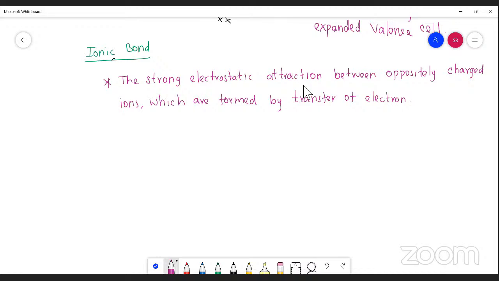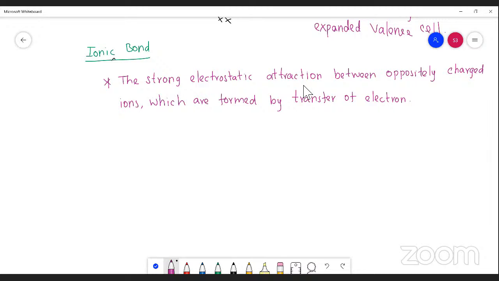So here, a strong electrostatic force of attraction between oppositely charged ions. These oppositely charged ions are formed by complete transfer of electrons, which is known as ionic bond. It is a simple definition of ionic bond.